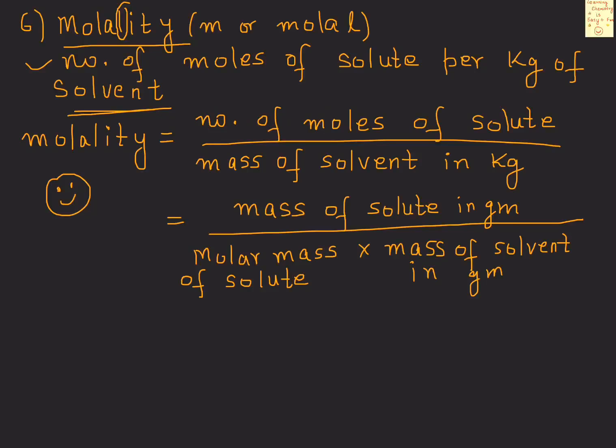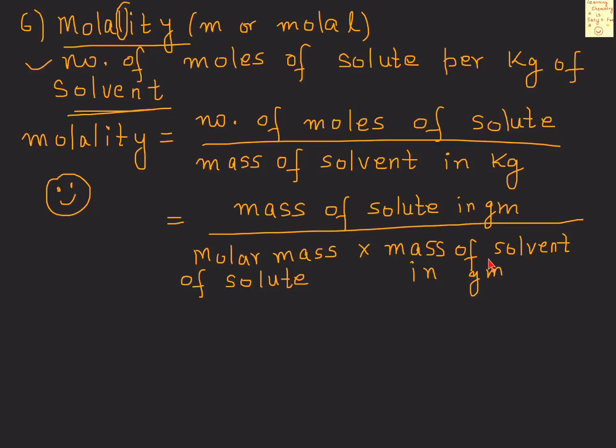So we say number of moles is mass divided by molar mass. That's easy. Mass of the solute in grams divided by the molar mass of the solute into, instead of taking the mass in kg, we take the mass of the solvent in grams.